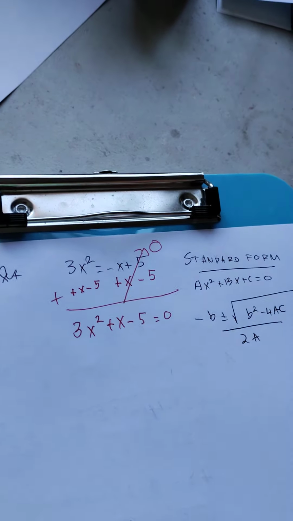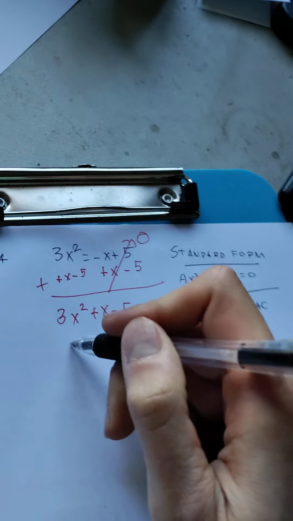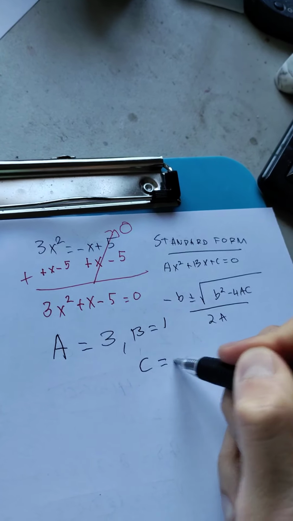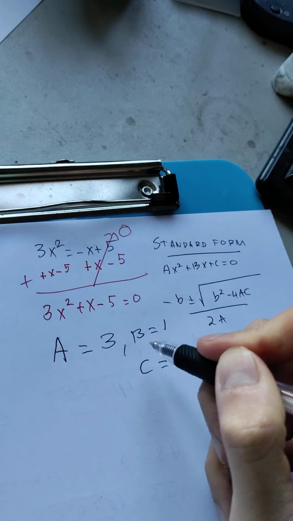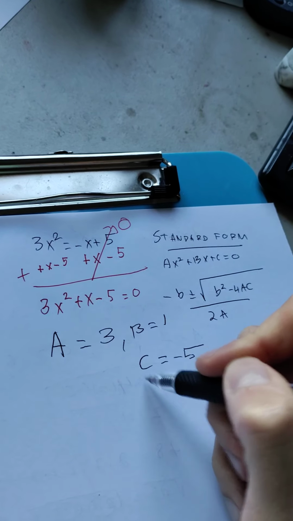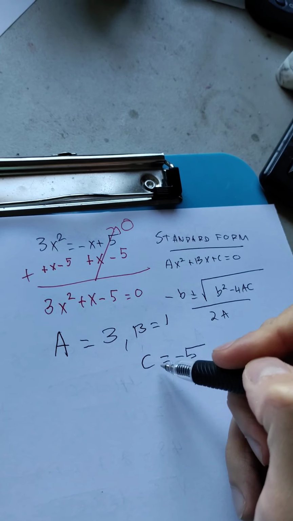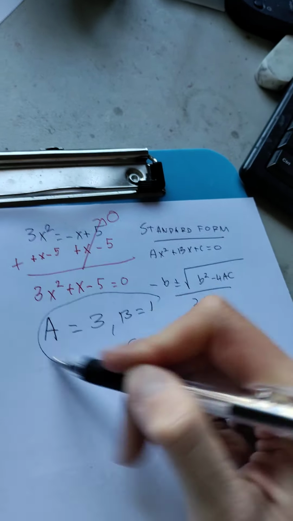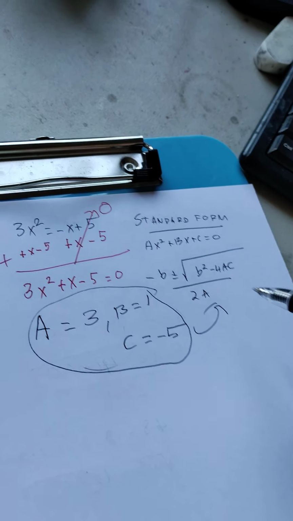So then we know that a equals 3, b equals 1, and c equals negative 5. Now we take these numbers and plug them into our quadratic equation.